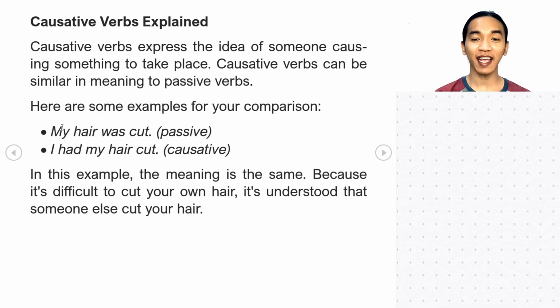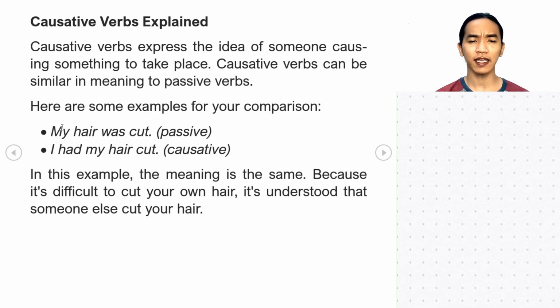Okay, now on the second sentence, I had my hair cut. This is a causative sentence. As you can see, it implies that someone, not you, but it's someone who cut your hair. Okay, now in this example, the meaning is the same, right?